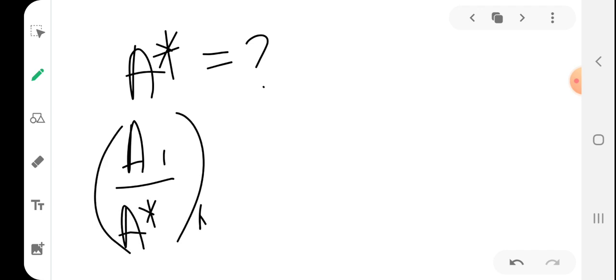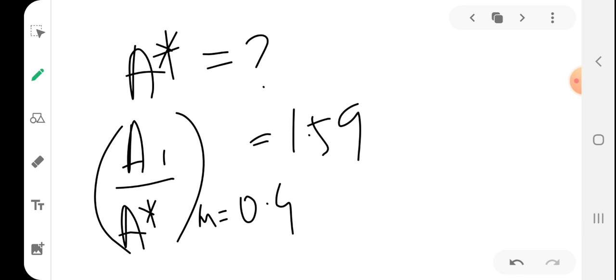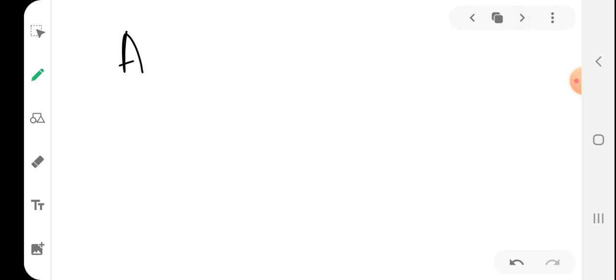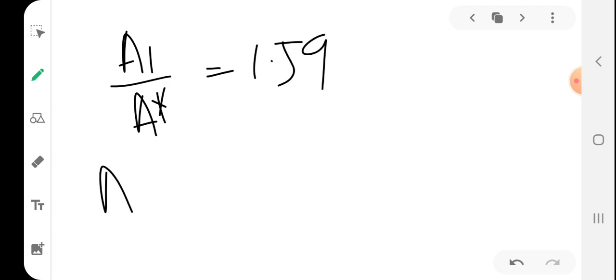At Mach equal to 0.4, A1 by A star you got as 1.59, right? So A1 by A star equals 1.59.